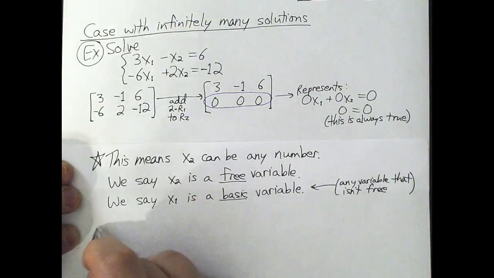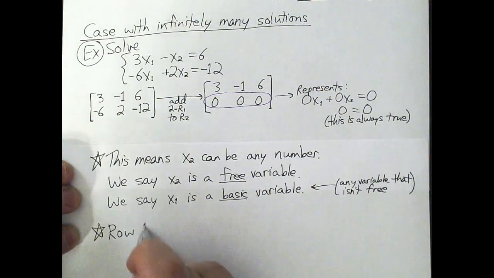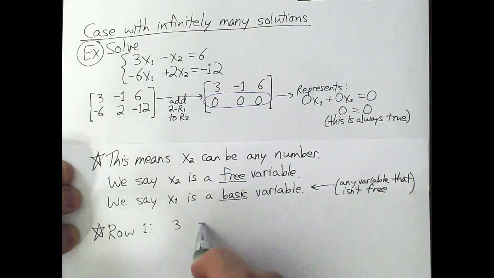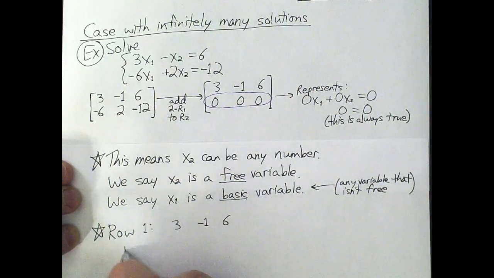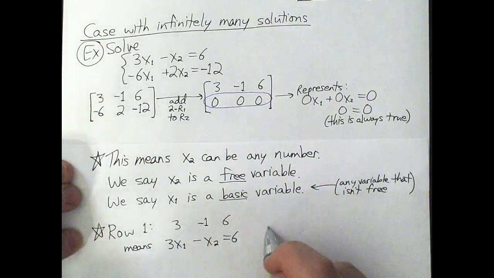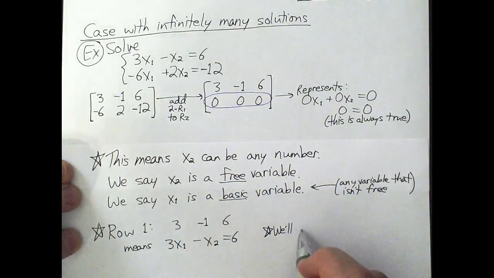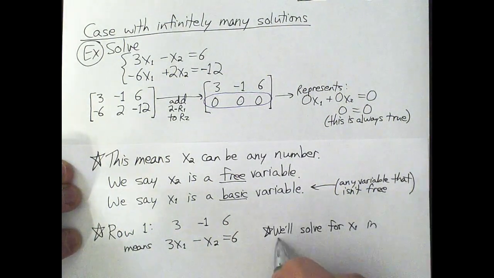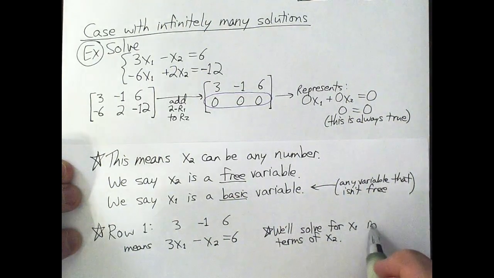All right, let's look at row 1. In the row reduction step, we got 3, -1, 6, and it means 3x1 minus x2 equals 6. And I'm going to solve for x1 in terms of x2.